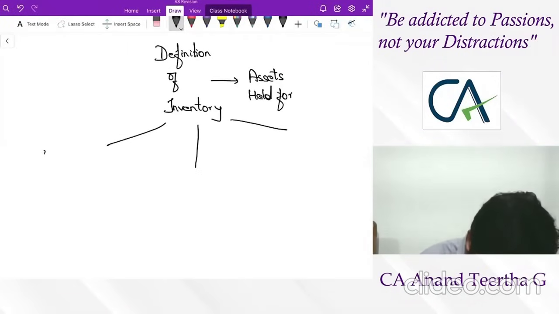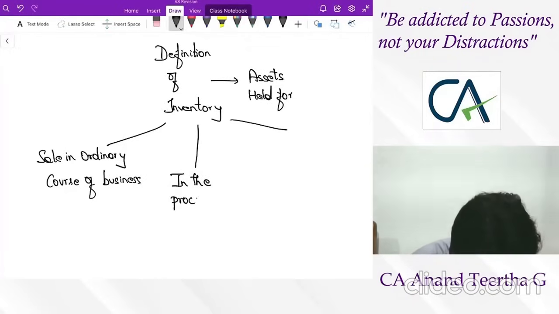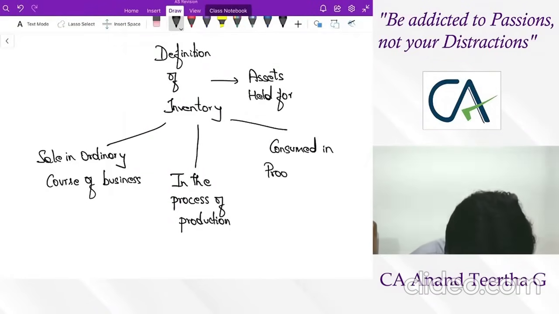First, sale in ordinary course of business. Second, in the process of production. Third, consumed in production, including maintenance supplies.